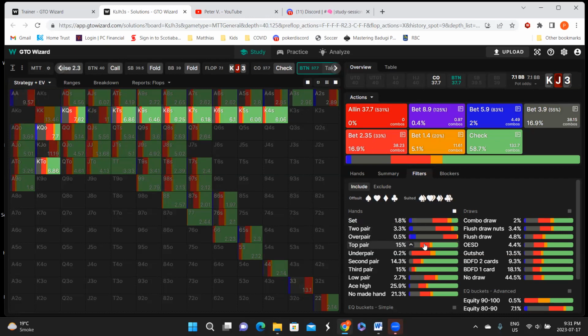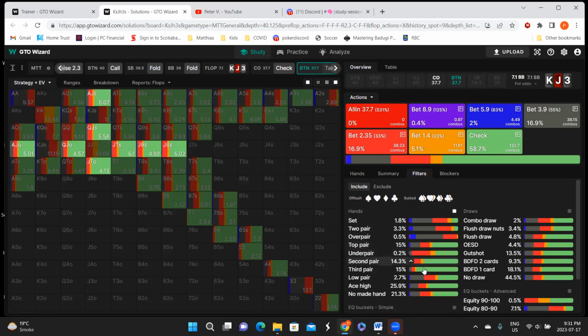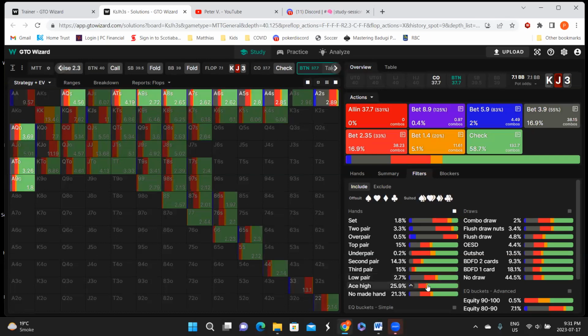Top pair is very kicker dependent, right? We can see King Queen wants to bet big, King 10 wants to bet big, and the other kings want to bet small or check back, right? And then we have a little bit of bluff with deuces, some bluff with ace high, right?